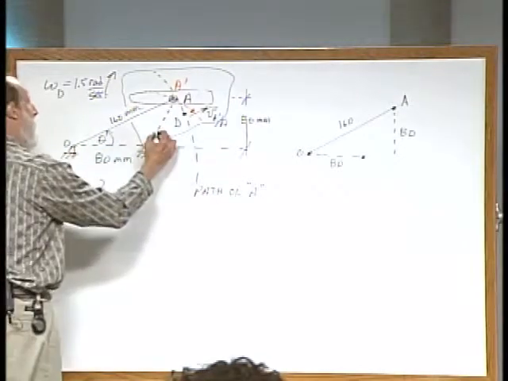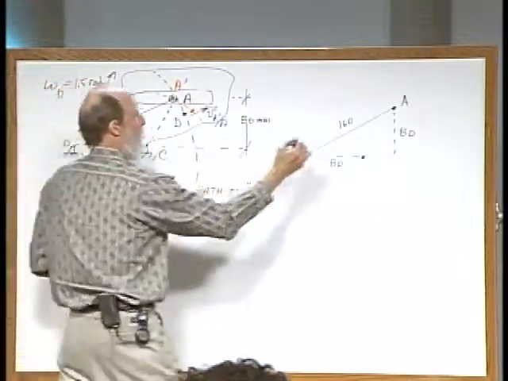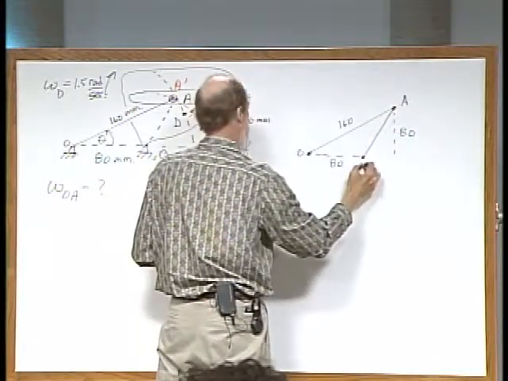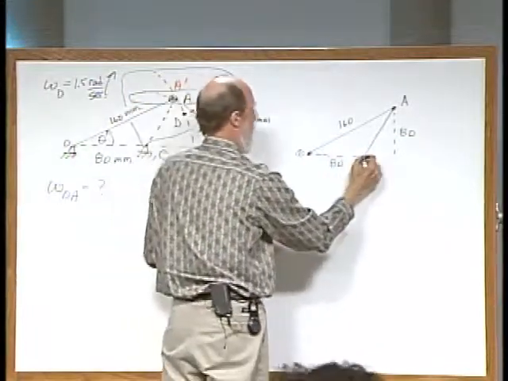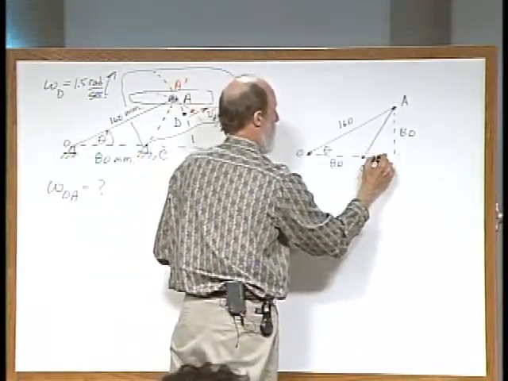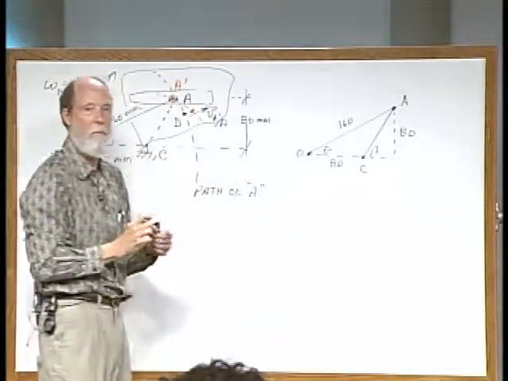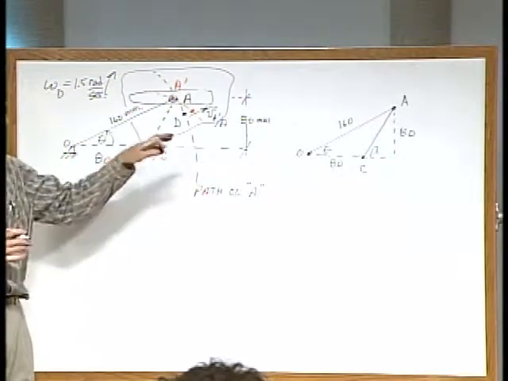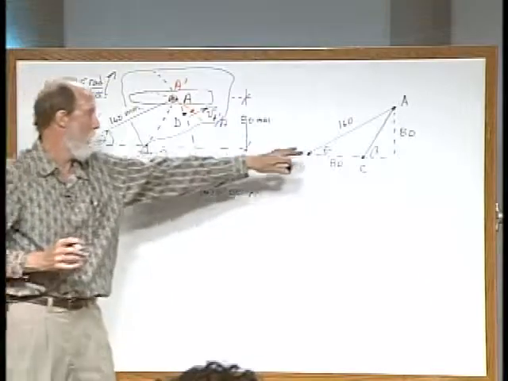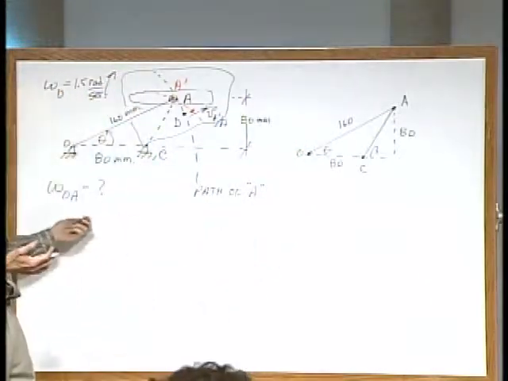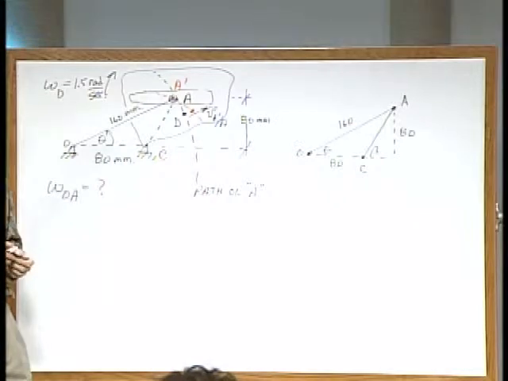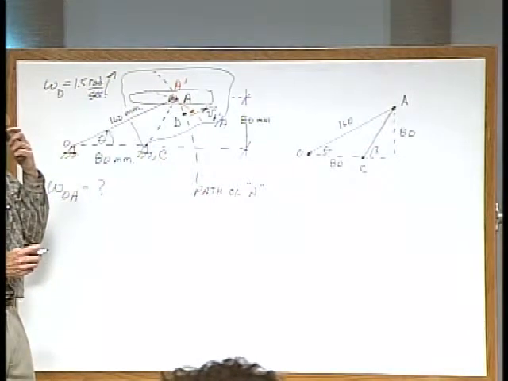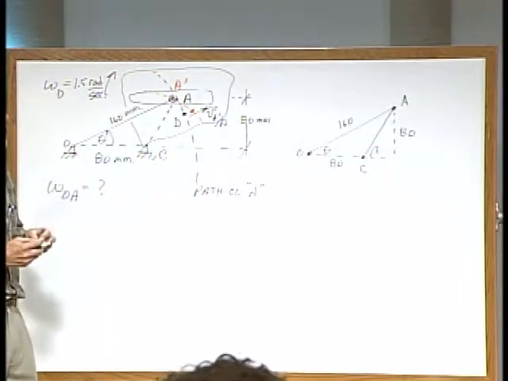Let's redraw this. Here are our defined points. We define this as theta, and why don't we call this one beta? Theta and beta. If we can figure out the relationship between the time derivatives of those angles, then we've got a relationship to nail down the OA value. It's not asking us to solve it numerically, but to solve it generally, geometrically.